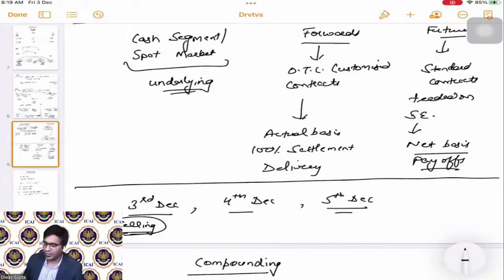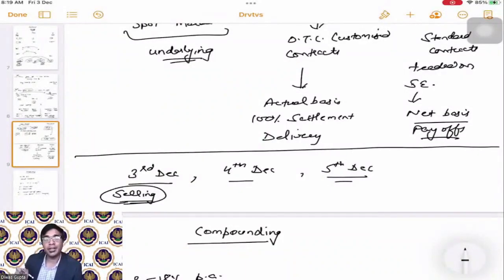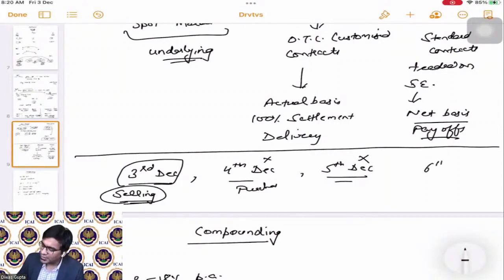You are not going to be able to deliver, hence you will have to purchase the stock. Purchasing should happen only on 3rd, not on 4th and not on 5th, because the 4th purchase will be settled on 6th December.